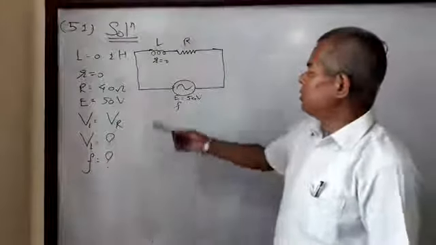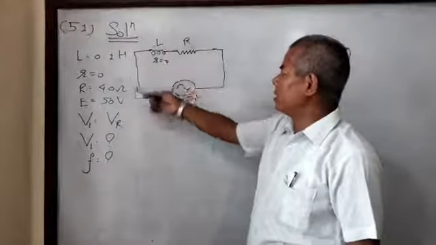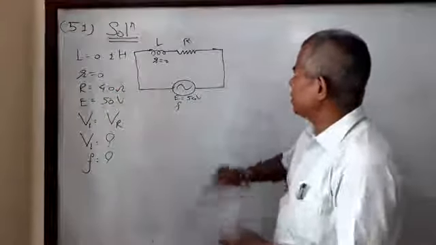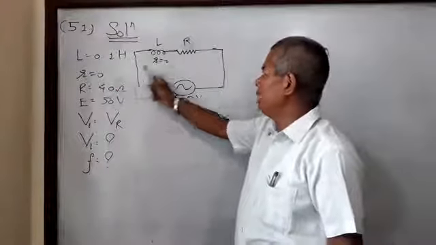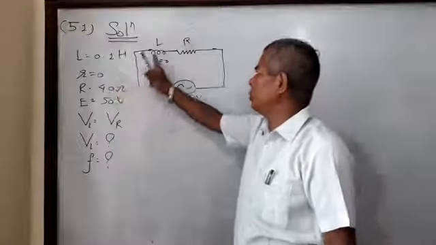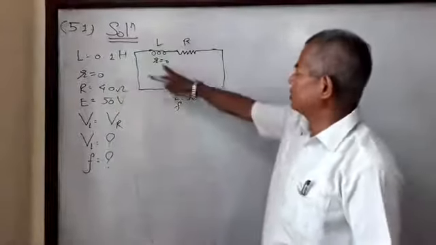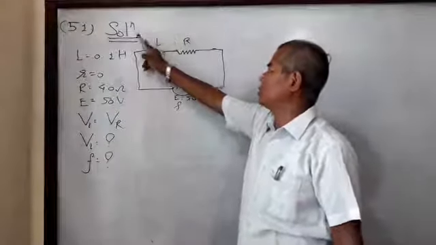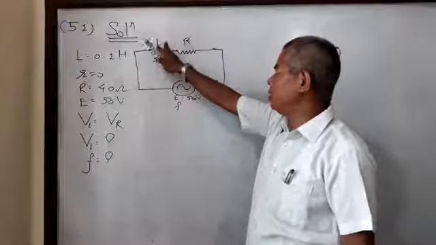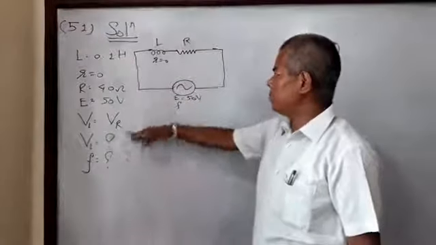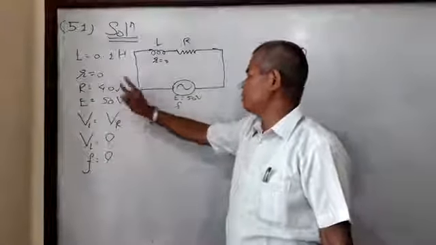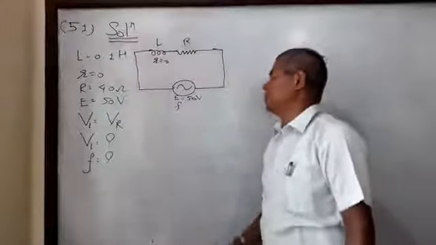A circuit containing an inductor of inductance 0.1 Henry and a resistor of resistance 40 ohm, but negligible internal resistance means small r is equal to 0. This is a pure inductor having no ohmic resistance, only L with value 0.1 Henry, connected with a 40 ohm resistor in the same circuit.